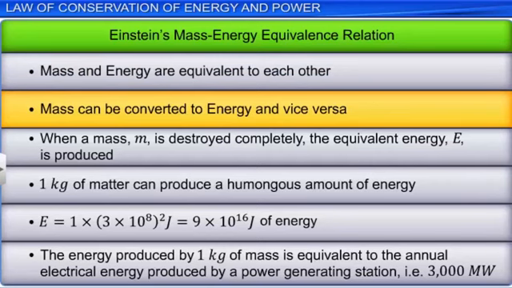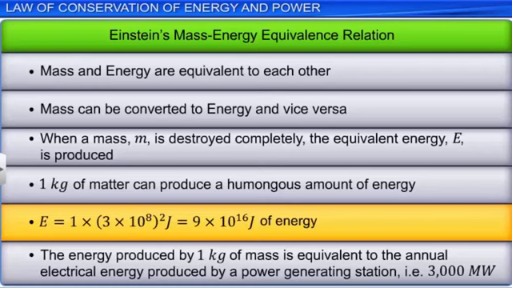When a mass m is destroyed completely, the equivalent energy E is produced. Thus, according to Einstein's mass-energy equivalence equation, 1 kilogram of matter can produce a humongous amount of energy, which is E is equal to 1 × (3 × 10⁸)² joules, equal to 9 × 10¹⁶ joules of energy.